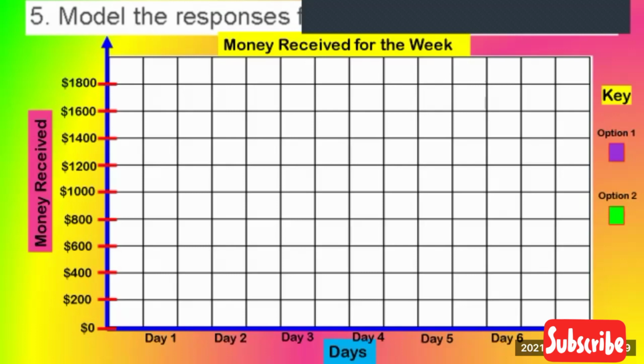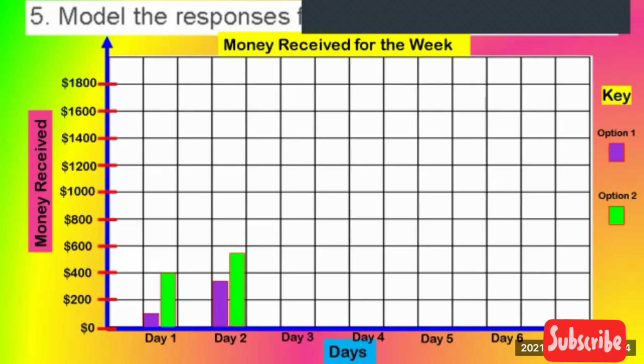So on day 1, we have $100, and that is half of $200. So our bar would be halfway between this part here. And for option 2, we have $400. For day 2, we have $360 for option 1 and $580 for option 2.